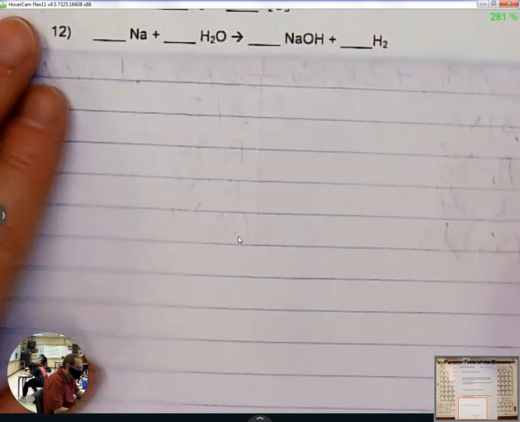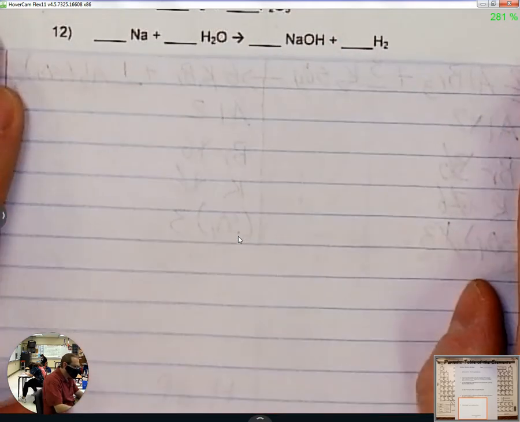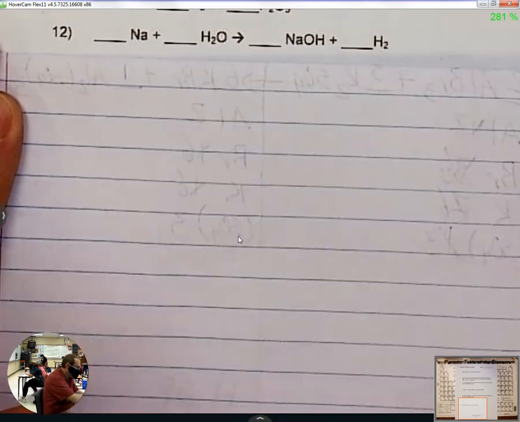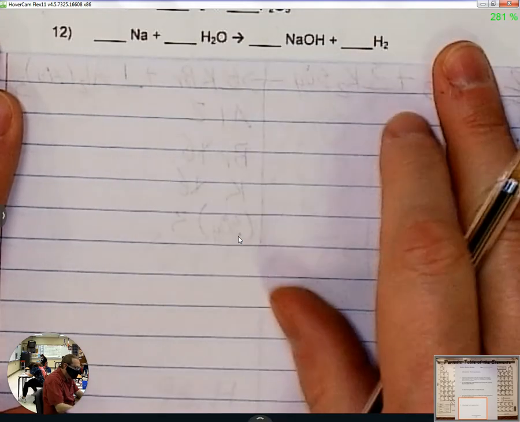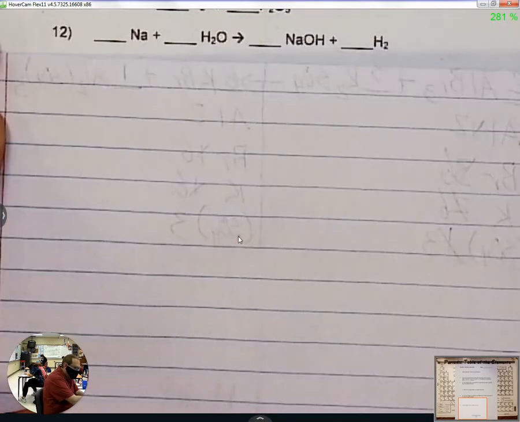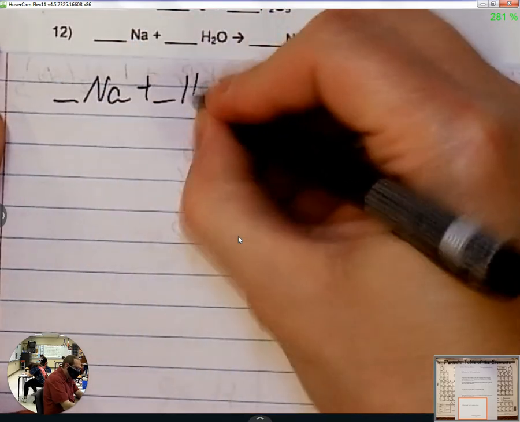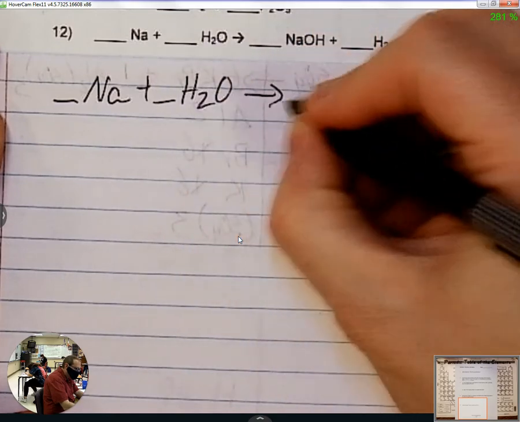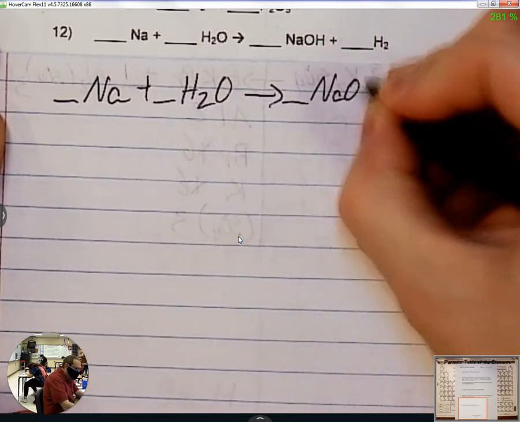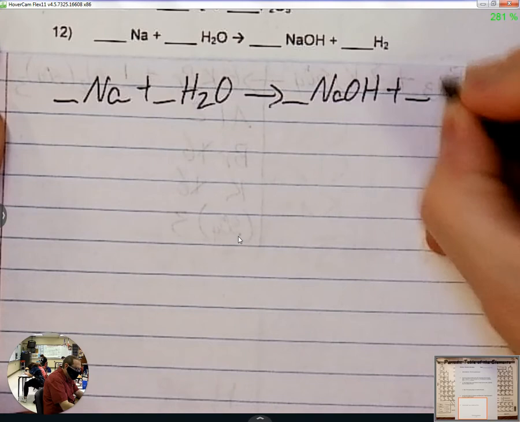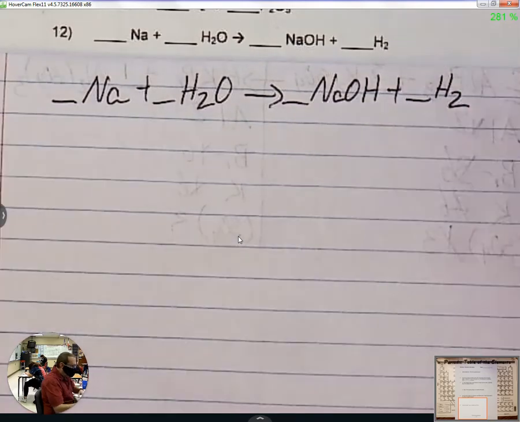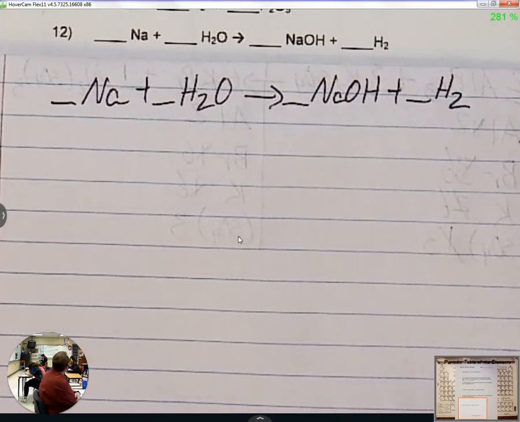All right, so on number 12, I've got sodium and water, and I get sodium hydroxide and hydrogen. Okay, cool. So first step, I'm going to recopy it. I'm going to get my good pen. Now, do I have any polyatomic ions here?